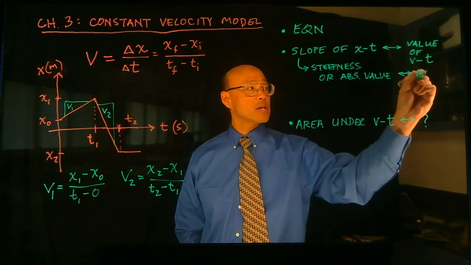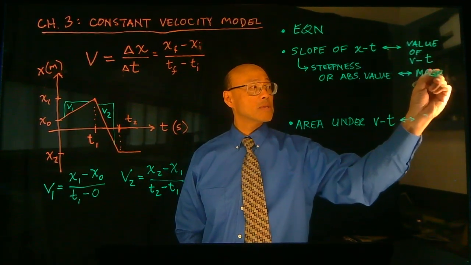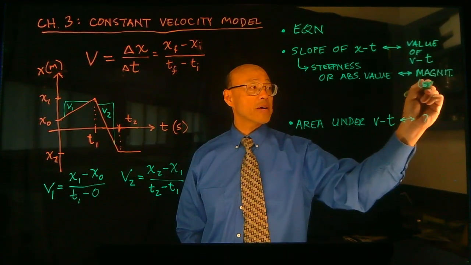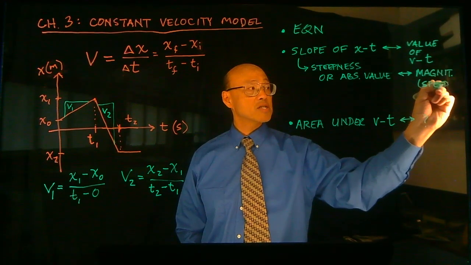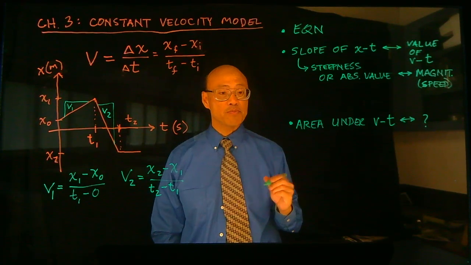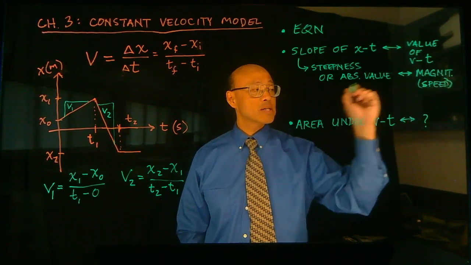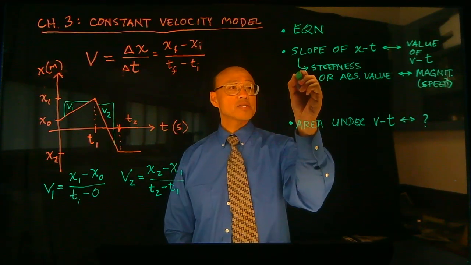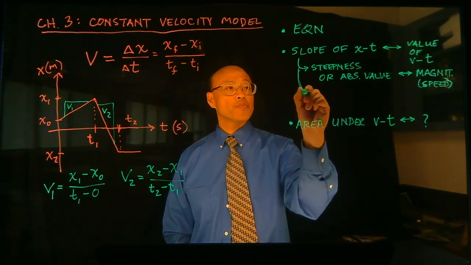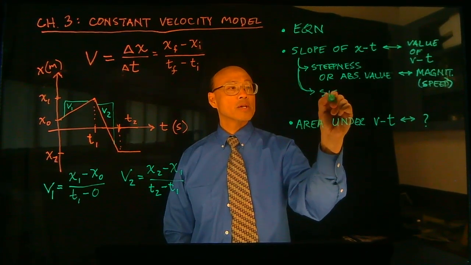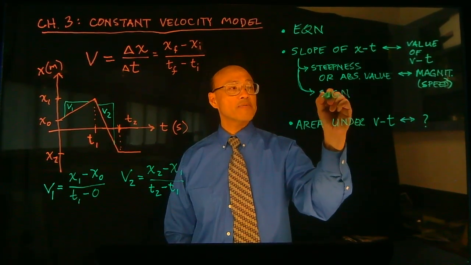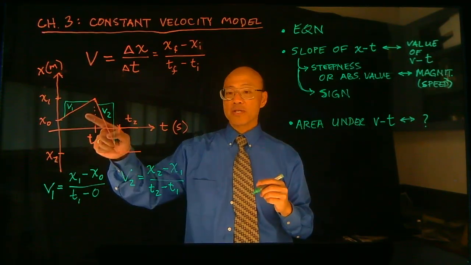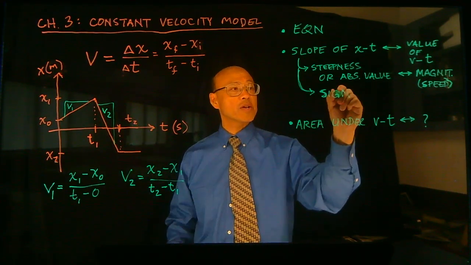or the speed, actually, right? Which is, if I've got a velocity, the size of my velocity, how fast I'm going, disregarding direction, that tells me my speed. The sign of your slope. Every slope on your vt graph has a sign. I have a positive slope here, I have a negative slope here.